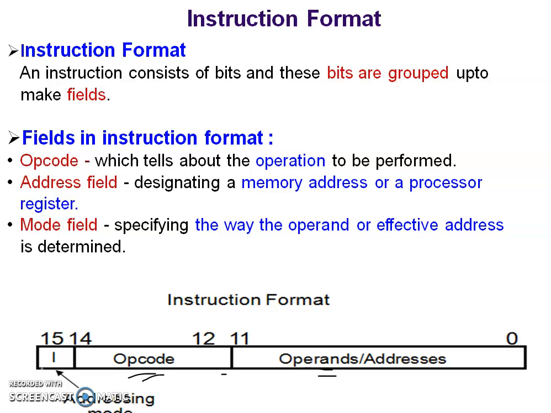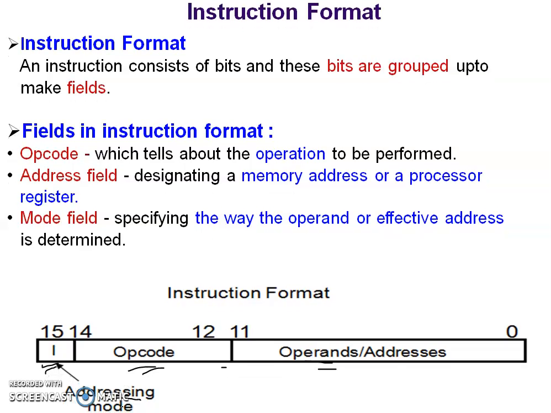Then the last 1 bit will be used to represent the addressing mode. So with the help of the addressing mode only, you will be able to understand whether the operand has a direct address or indirect address. All those things you will be able to understand based on this addressing mode.